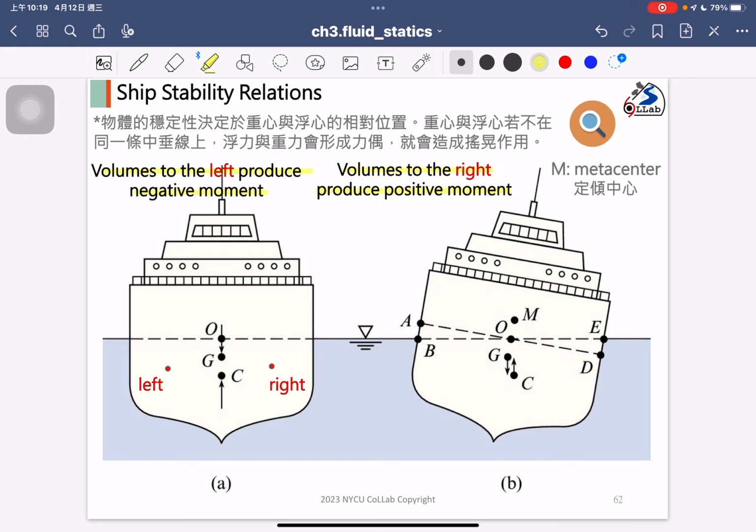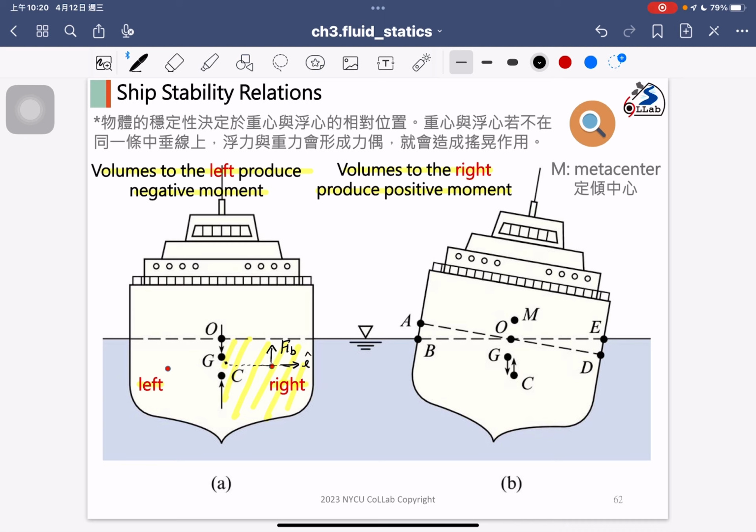So what does that mean? As you can see there, I highlight the right and the left. If I only consider the volume on the right, the red dot is our center, and there will be a buoyant force. Maybe I can consider the rotating hinge point here, and this arm length is my length.